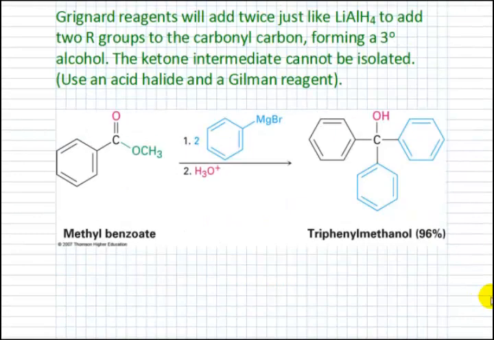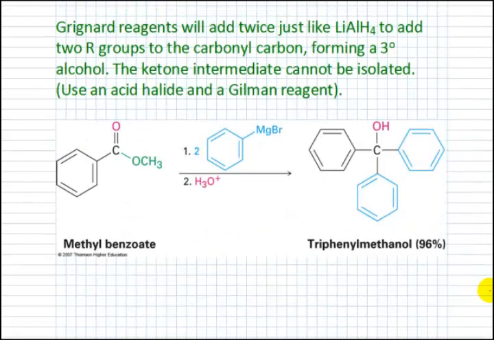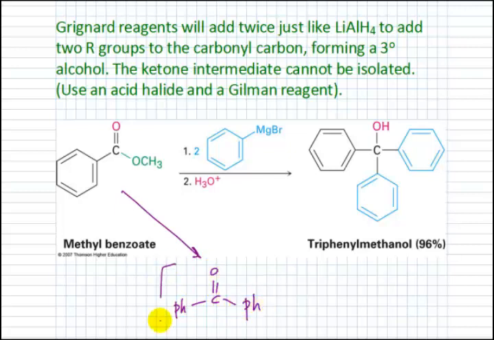If we want to do a Grignard reagent, Grignard reagents will add twice, just like lithium aluminum hydride. So here's our methyl benzoate. It's an ester. I've got two equivalents of phenyl Grignard. So if I want to draw the product of the first addition, we're going to have Ph, C double bond O, Ph. We're going to have benzophenone as a ketone intermediate.